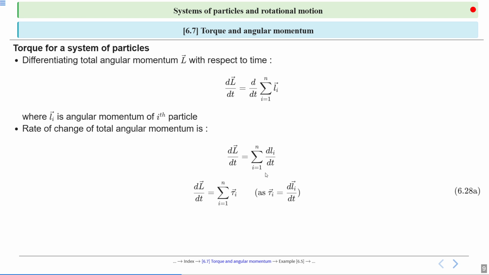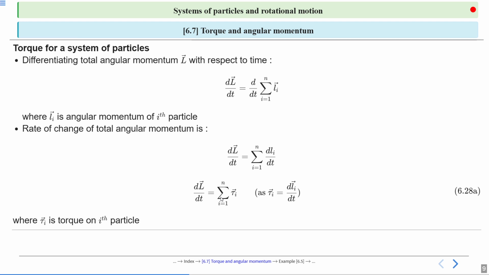Now we know torque for the ith particle is tau equal to dLi upon dt. So just substitute the value of torque in this relation, and you will get this form.